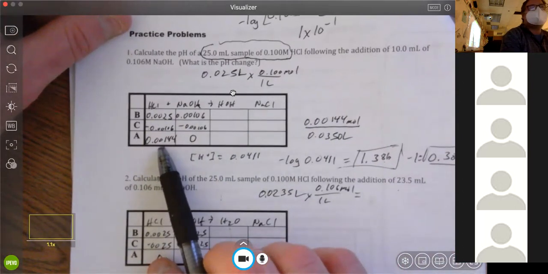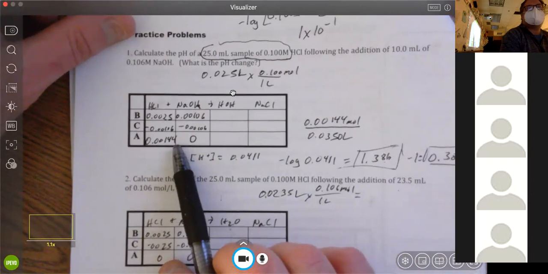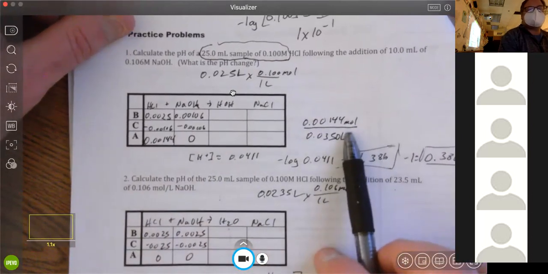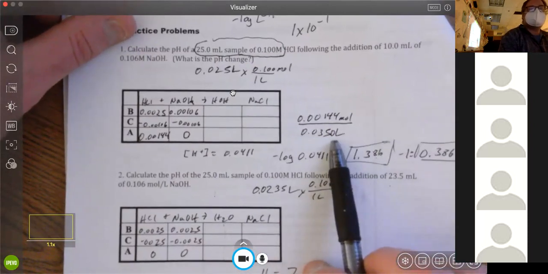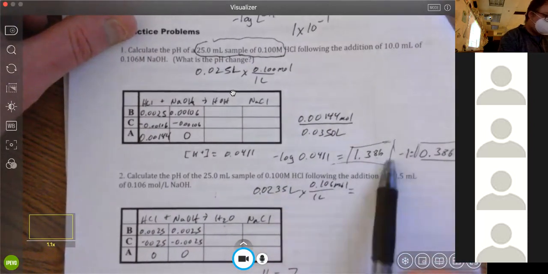In this case, we have 0.00144 moles of HCl. We need to find that concentration again, so we take the moles divided by the liters, and then we take the negative log of that to get the pH.